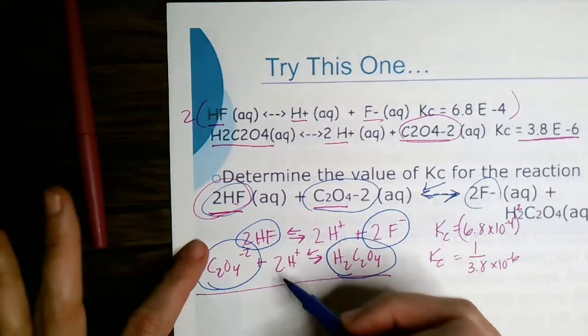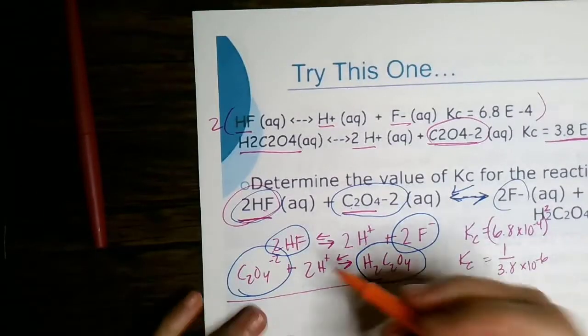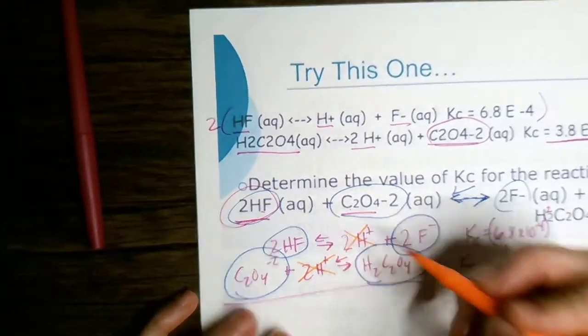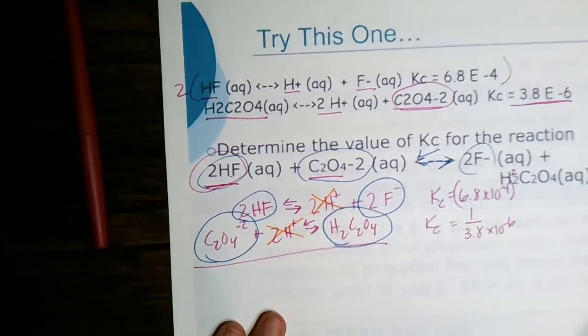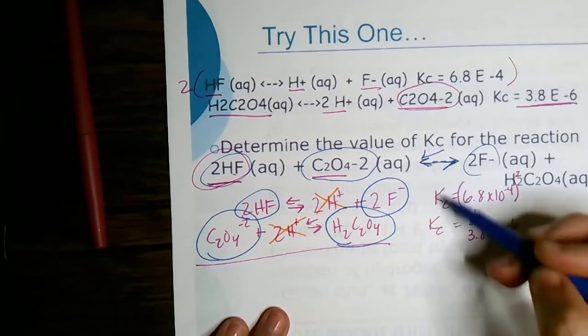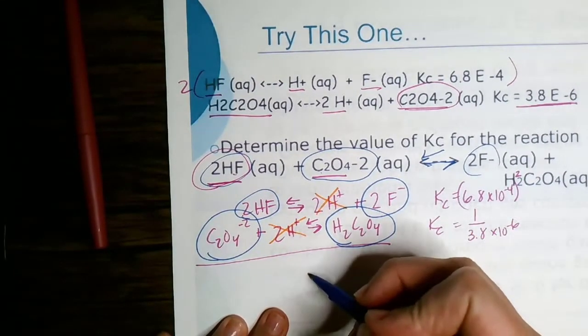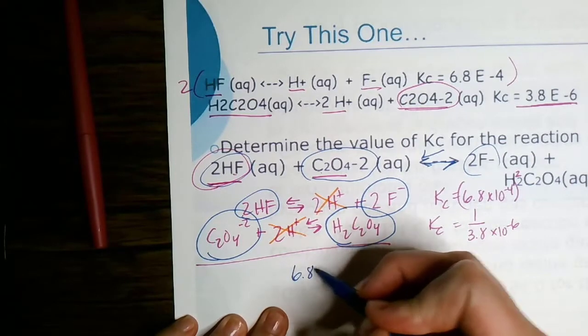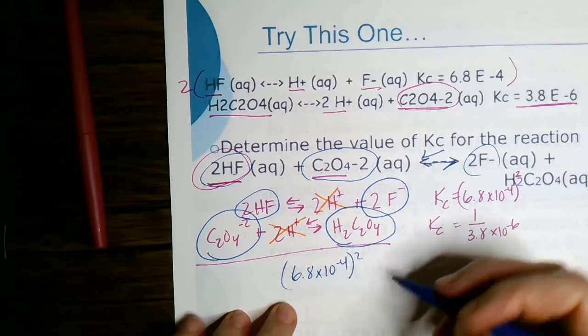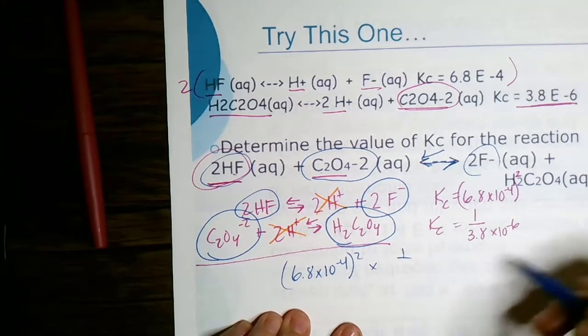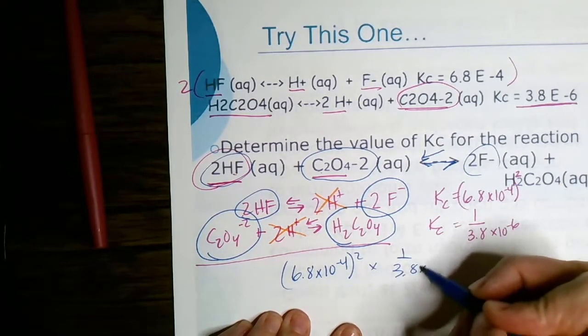And then I've got 2H+ on the left that are going to cancel out with my 2H+ on the right. Then I just need to multiply my two K constants, right? So I've got 6.8 times 10 to the negative 4th squared times 1 over 3.8 times 10 to the negative 6th.